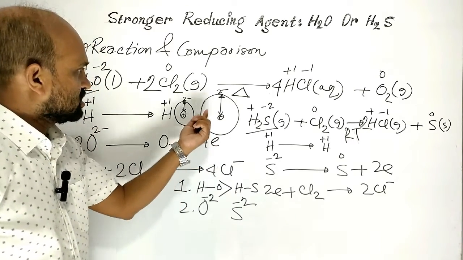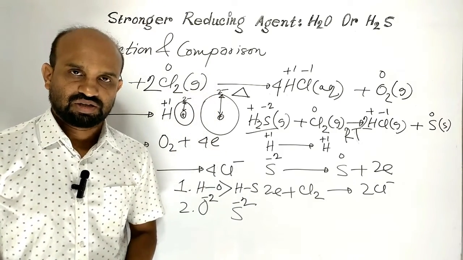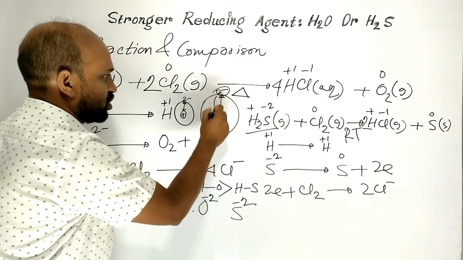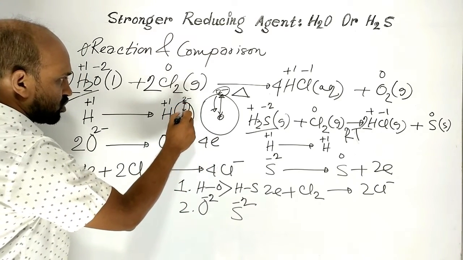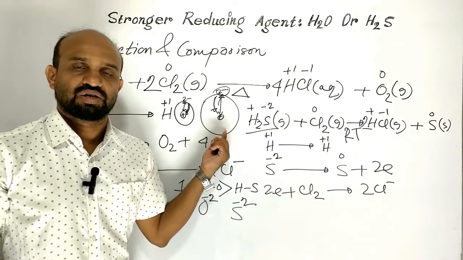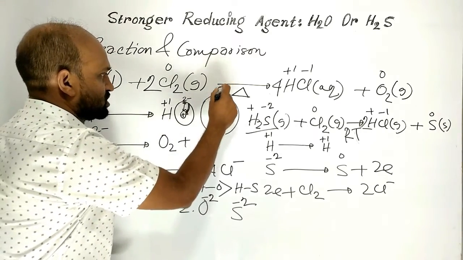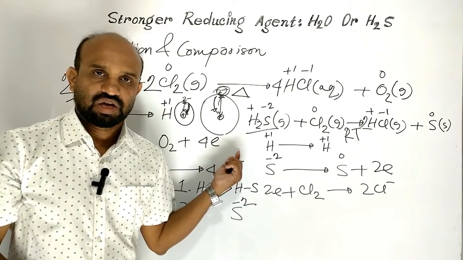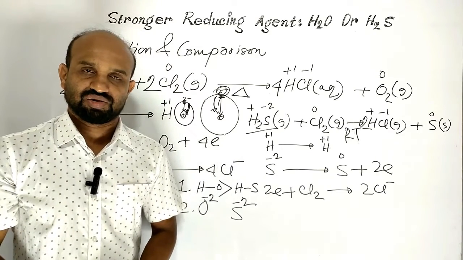That is why in case of sulfur, electron cloud remains away from the nucleus and is loosely bonded to the nucleus. But in case of oxygen, electron cloud is strongly bonded to the nucleus. That is why sulfur can donate electrons easily, because of its larger size.